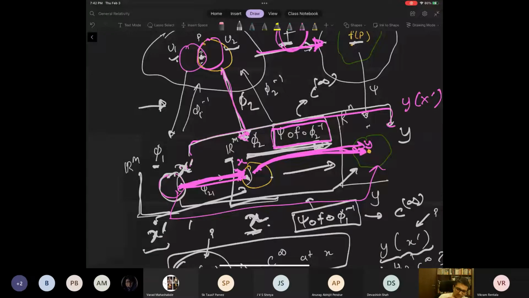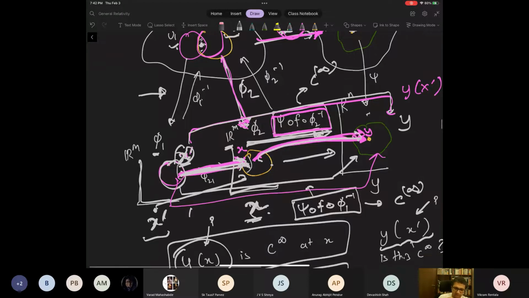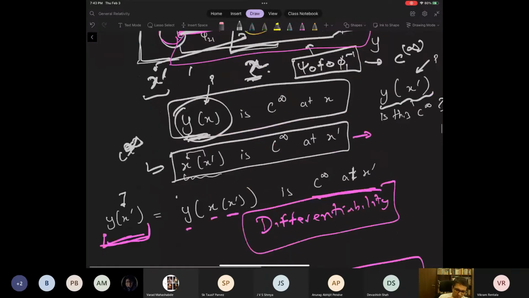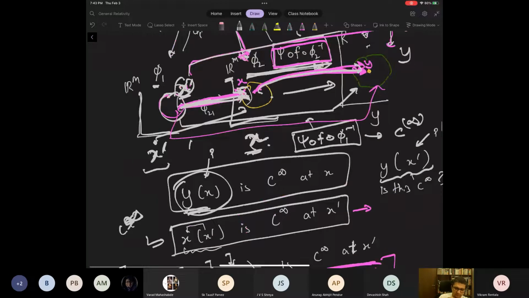The indirect method is because I have these smooth maps which take me from x prime to x, I can just go from the x prime coordinate to the x coordinate, and then from there to the y coordinate. So I'm still calculating y for a given x prime, but as an intermediate step, I'm calculating the x coordinate associated with the same point, with coordinates x prime, and then I'm calculating the y coordinate, which is the map of this x.